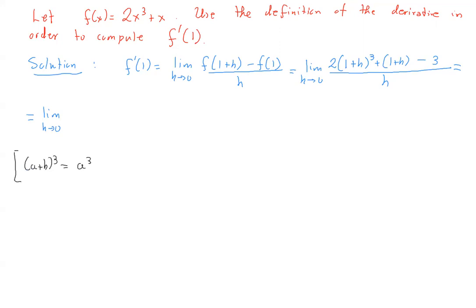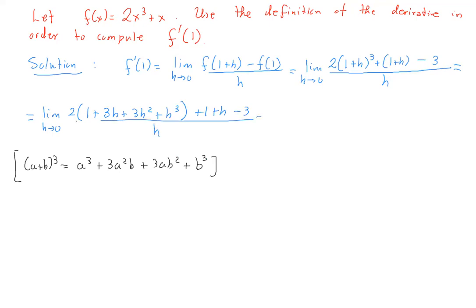It's a cubed plus 3a squared b plus 3ab squared plus b cubed. So this will become 2 times (1 plus 3h plus 3h squared plus h cubed) plus 1 plus h minus 3, divided by h.